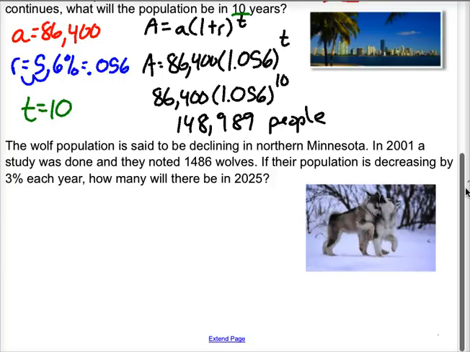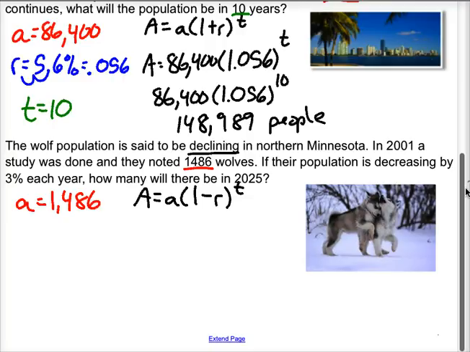All right, so we're talking about a declining population. So declining population means we're going to use our decay model that looks like this. Once we've decided that we're going to use a decay model, we need to identify how many there are to start. So A is 1,486.